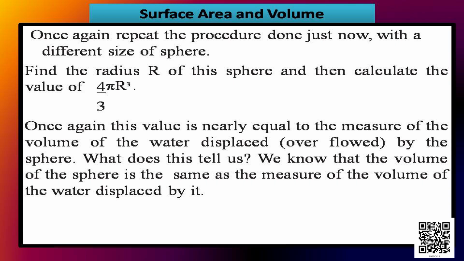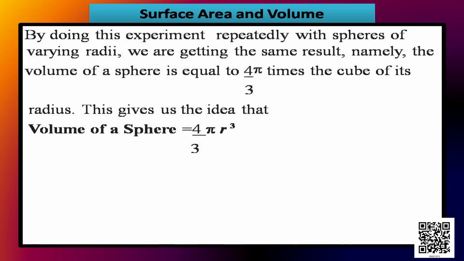We know that the volume of the sphere is the same as the measure of the volume of the water displaced by it. By doing this experiment repeatedly with spheres of varying radii, we are getting the same result, namely the volume of a sphere is equal to 4 by 3 pi times the cube of its radius.